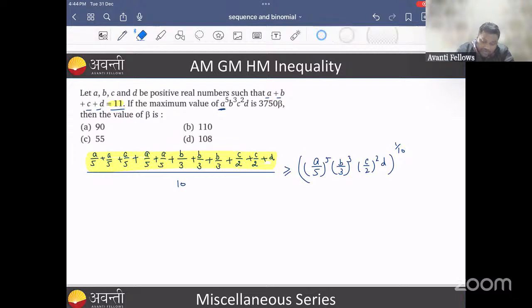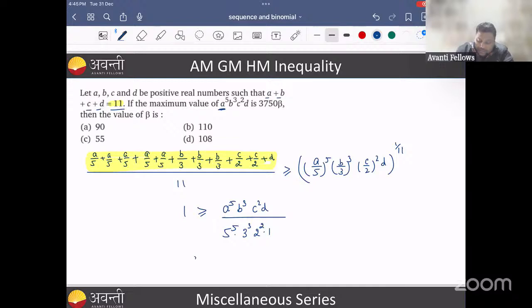These are a total of 11 terms, sorry. So this is 11, and this power is also 1 by 11 in that case. 5 and 3, 8 and 2, 10 and 1, 11. Yes. So this is 1 more than or equal to A to the power 5 B cube C square D upon 5 to the power 5, 3 cube, 2 square.